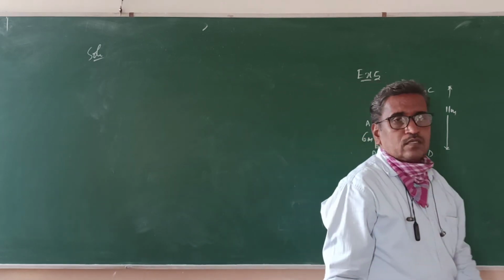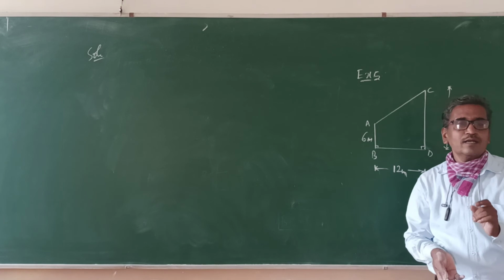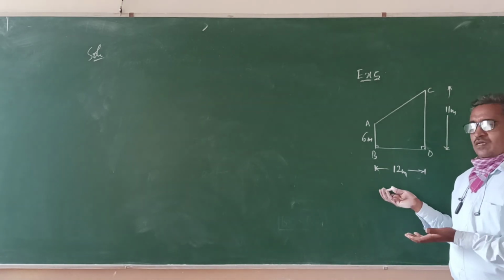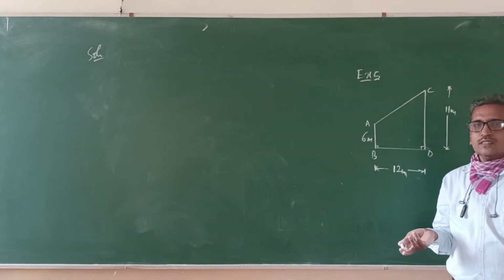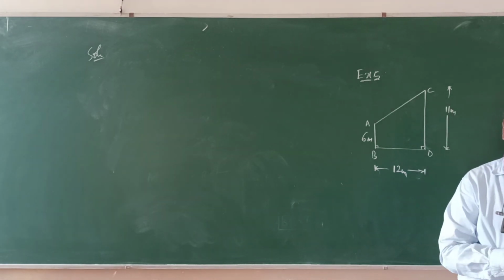So our theorem, Pythagoras theorem, is related to a right angle triangle, the important point. But here we are not seeing the triangle, so there must be some relation. Yes.